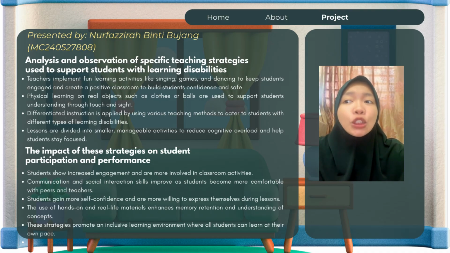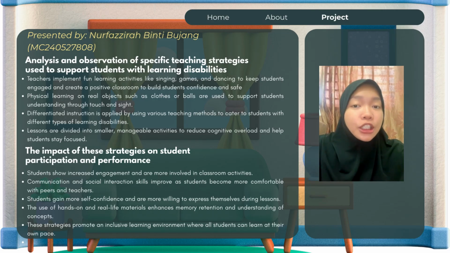And she also creates a positive and supportive classroom environment, which helps the students feel safe and more confident to participate without fear of making mistakes.